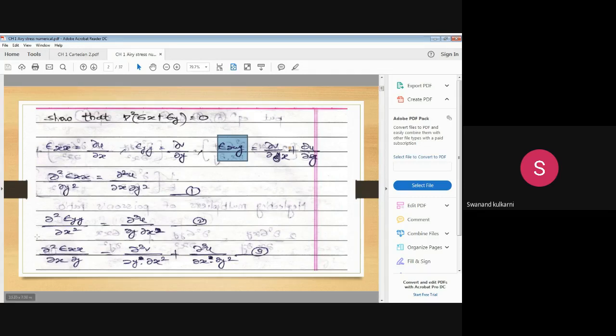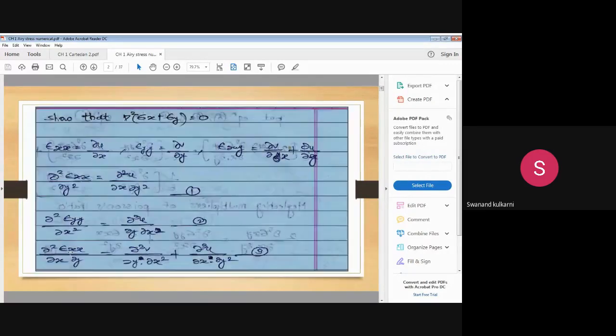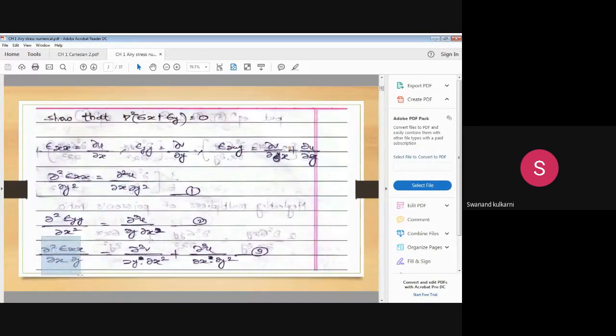Is it okay? See, a small correction we will have to make here. Epsilon xx is wrong, it is epsilon xy. So you will make the correction, that is ∂²εxy/∂x∂y.